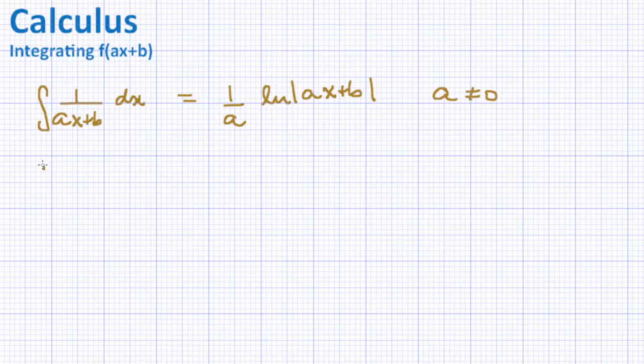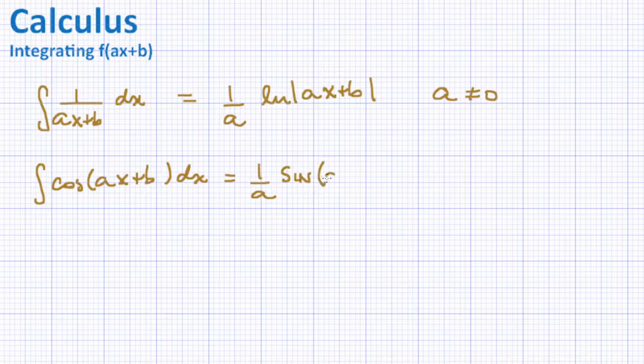So if we apply the same concept to some trigonometric functions, so for example the integral of cosine of ax plus b dx, guess what? 1 over a, and then sine of ax plus b, and then plus c. There's a constant here again. In every single one of those examples, there will be a constant, even the ones that I showed before. Now what about sine?